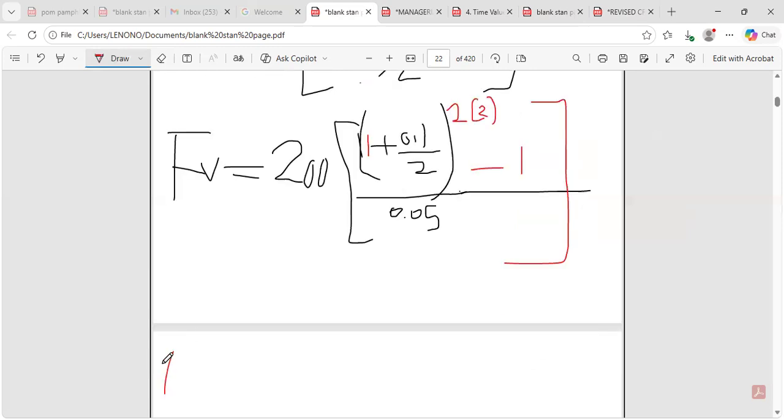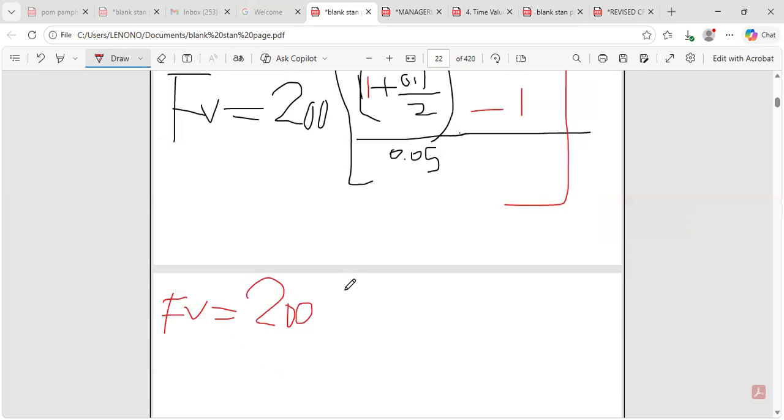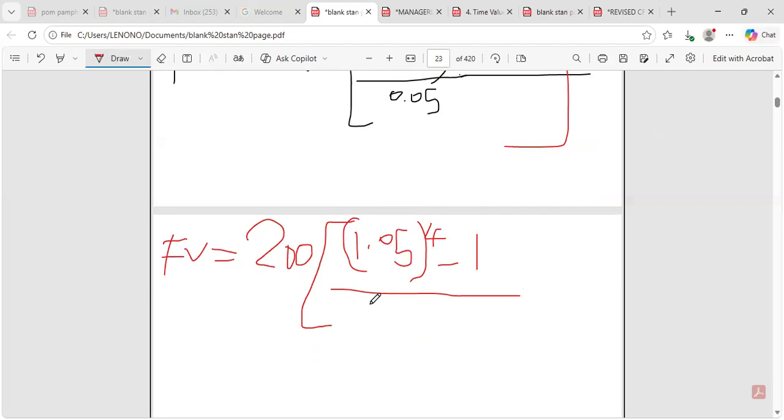All right, so our future value of the semi-annual annuity will be 200 times 1.05 to the power of 4, minus 1, then over 0.05. And you multiply that by 2.